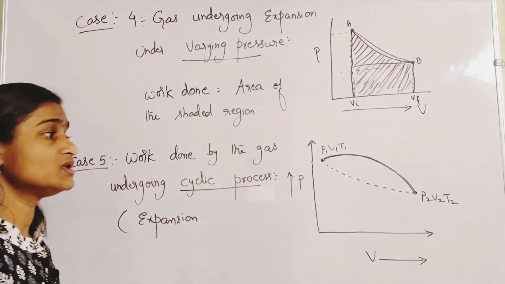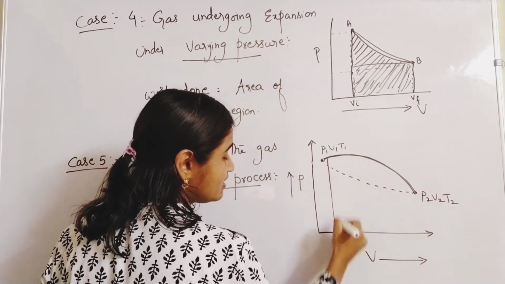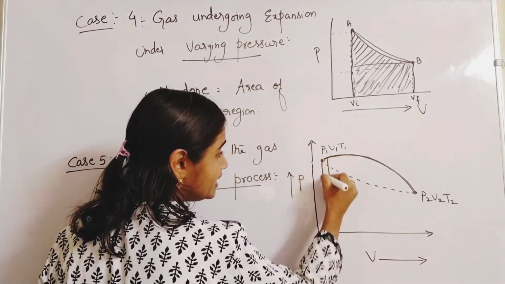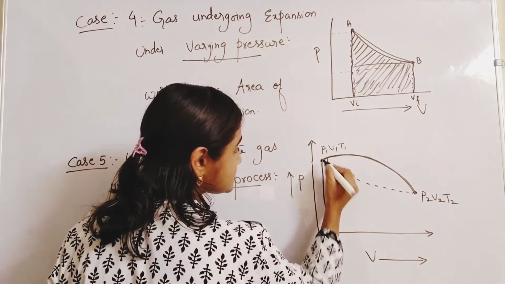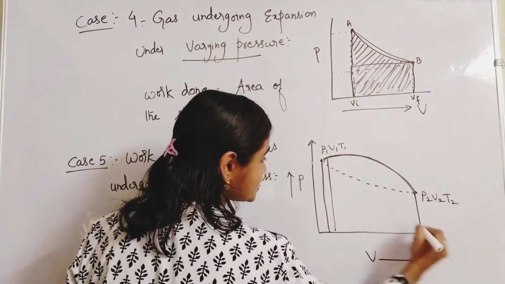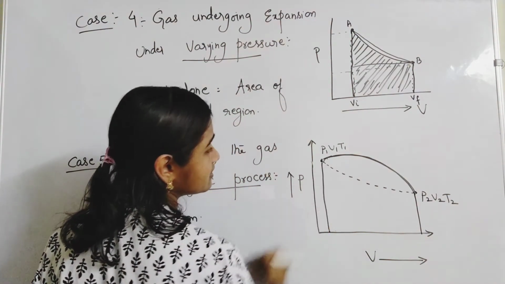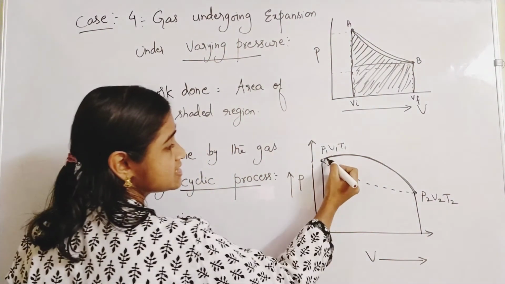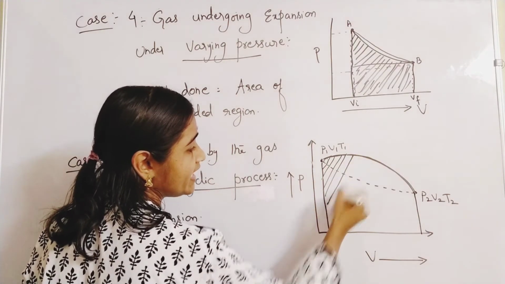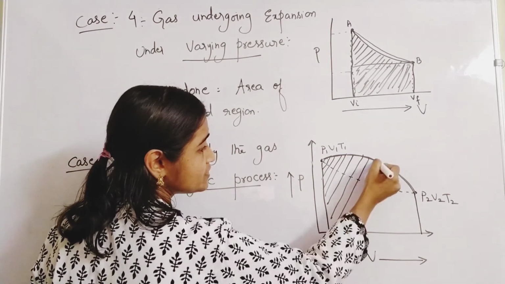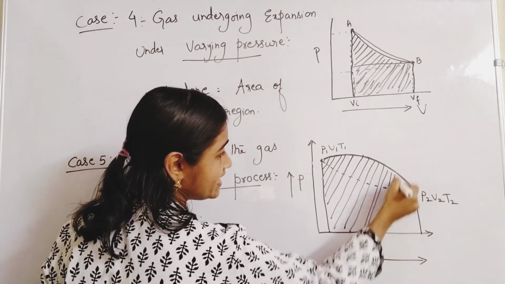So here also the same thing. Area under the curve. This is the line I am joining. Here also I am joining this line. See the shaded area under the curve. This shaded area will give you the amount of work done.